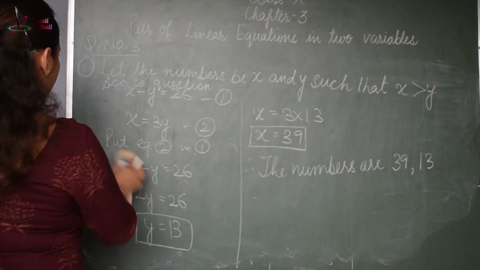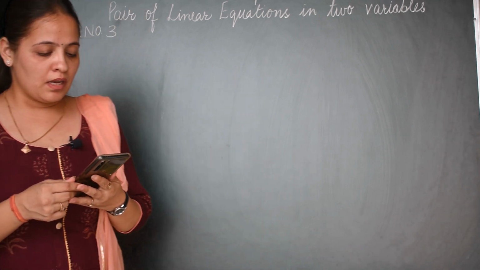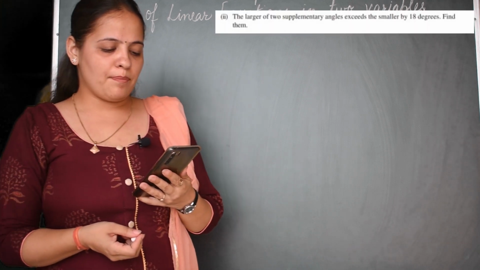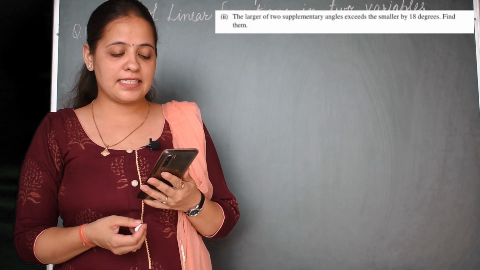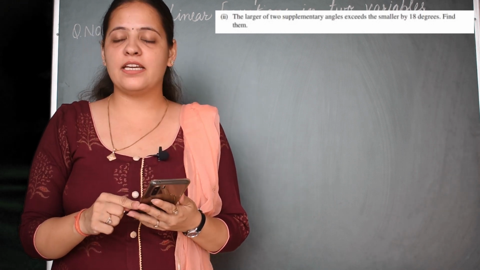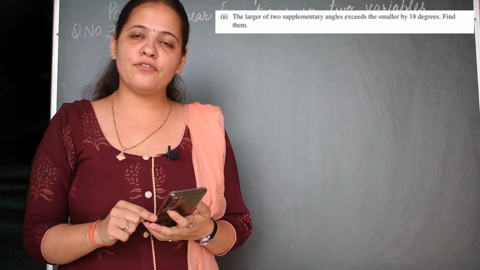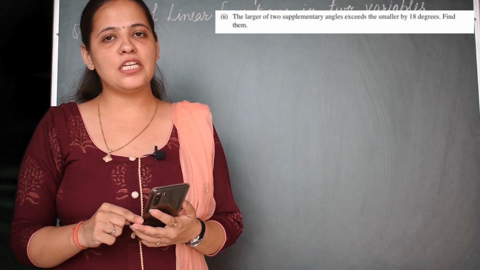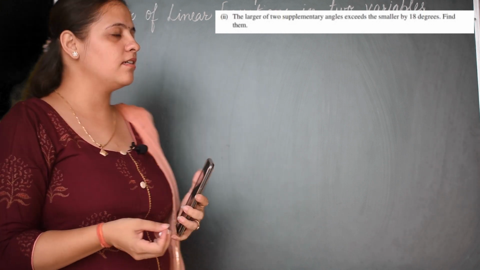See next question. The second part is, the larger of two supplementary angles exceeds the smaller by 18 degrees, find them. So first of all, whatever the angles we need to find out, we have to consider them.